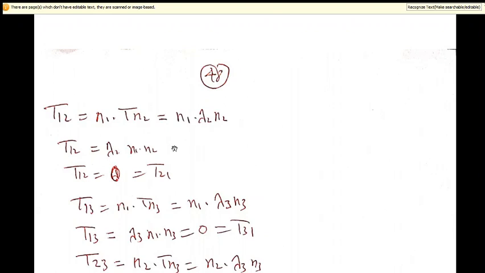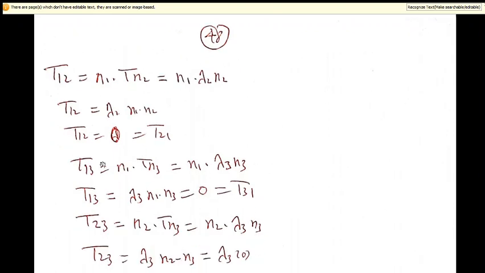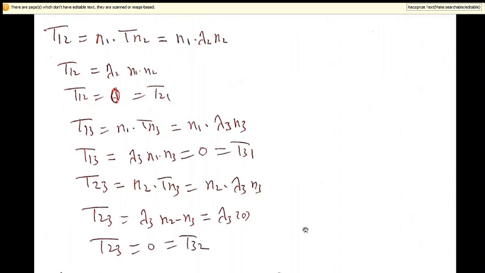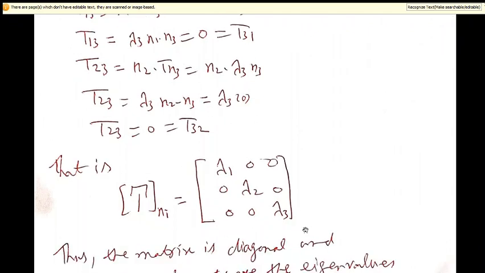So n1 dot n2 equals 0, so T12 equals 0 and T21 is 0. Similarly T13 is 0 and T23 is 0, since n2 dot n3 is 0.